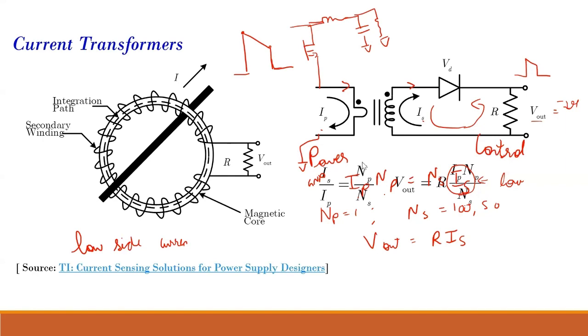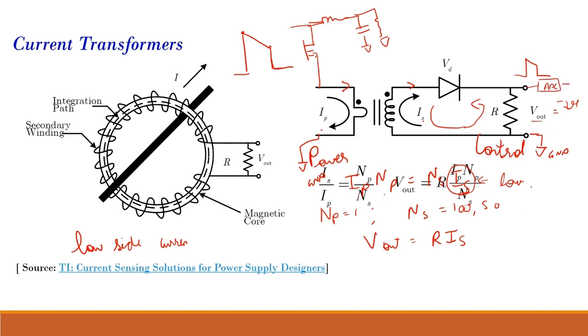Why are we preventing the negative cycle? I have observed it being used for low side current sensing, so I was talking in that sense. Usually this is referred to the ground, and this is my output voltage, which will go to, suppose, my ADC.